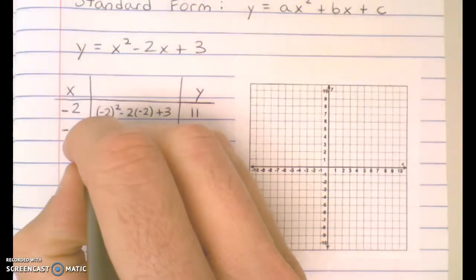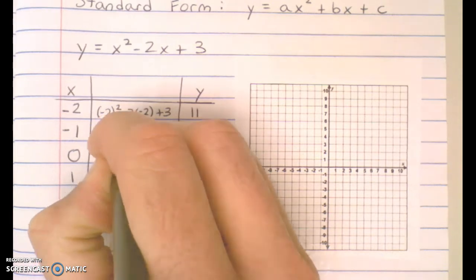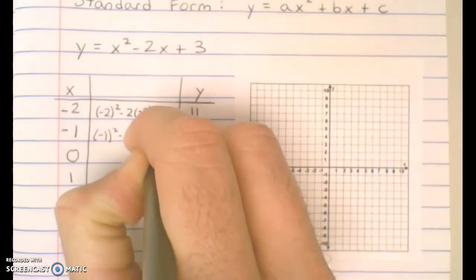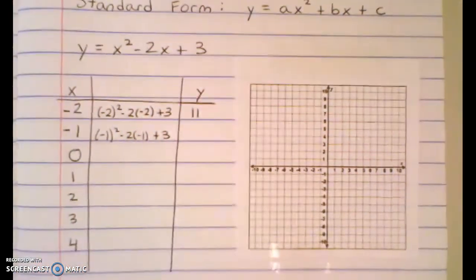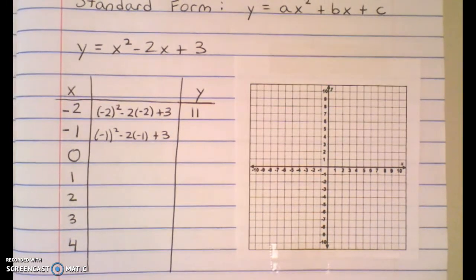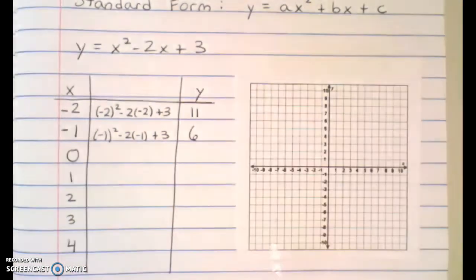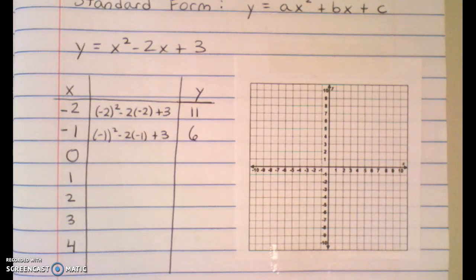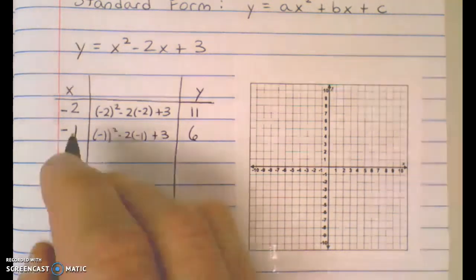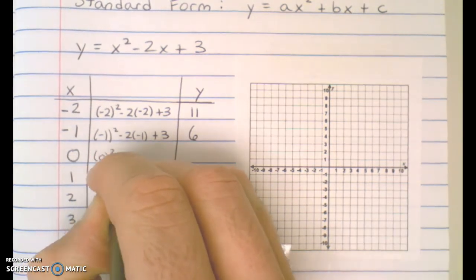Then we can do the same thing with -1. Typing that into the calculator, -1 squared minus 2 times -1 plus 3 gives me 6. Do the same thing with 0.